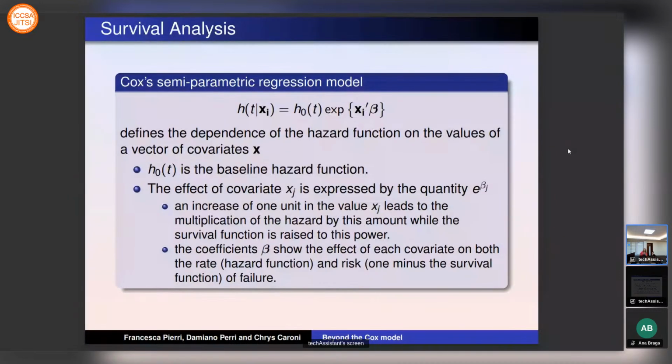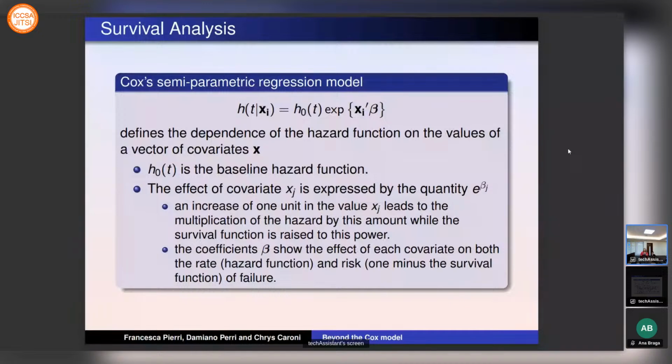The Cox semi-parametric regression model defines the dependence of the hazard function on the values of a vector of covariates x, and the effect of the covariates. The effect of covariate x is expressed by beta, the exponential of beta, and an increase of 1 unit in the value of x leads to the multiplication of the hazard by that amount, while the survival function is raised to a power.